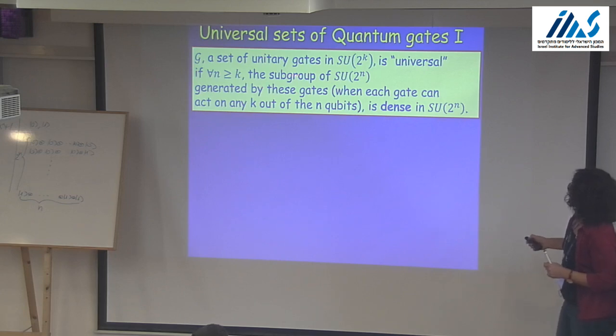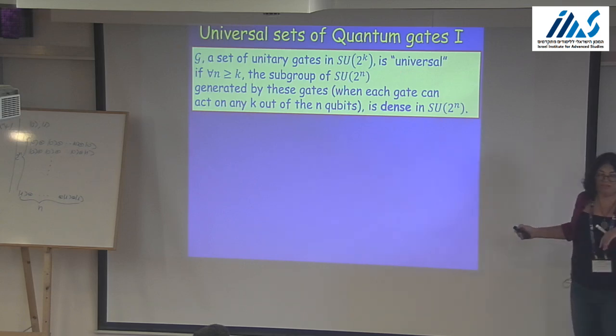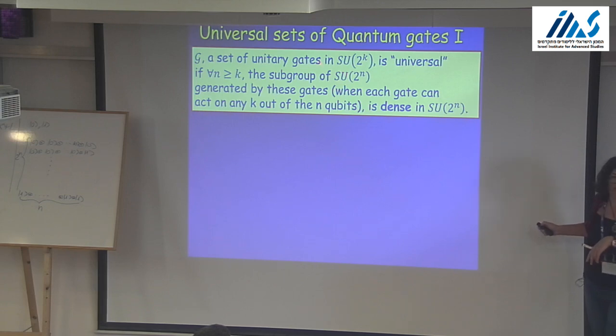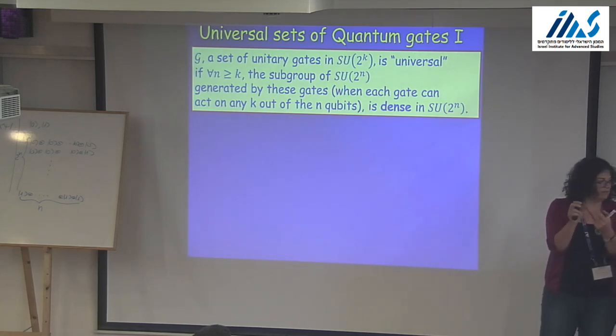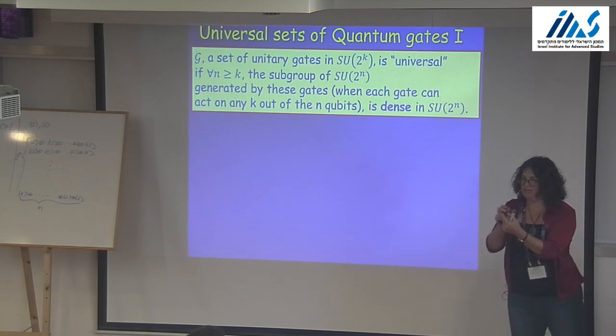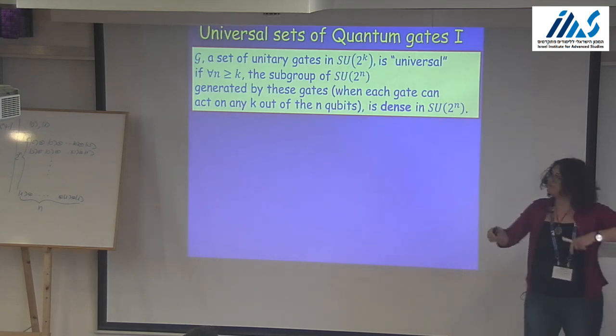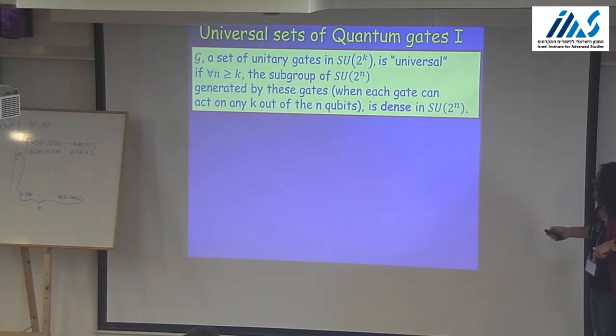Formally, G, a set of unitary gates in SU, the special unitary group, determinant equals 1, you can ignore this S, on K qubits is universal if for all n larger than K, the subgroup in the unitary group acting on n qubits generated by these gates, when I am allowing to act with each gate on any subset of K qubits, is dense. So when I have a gate, I can act with it on any choice of the qubits inside these n qubits. When I multiply such gates, I get a dense subgroup in the unitary group on n qubits.